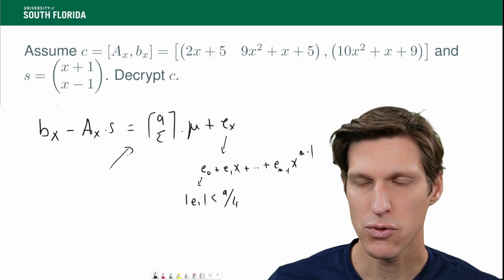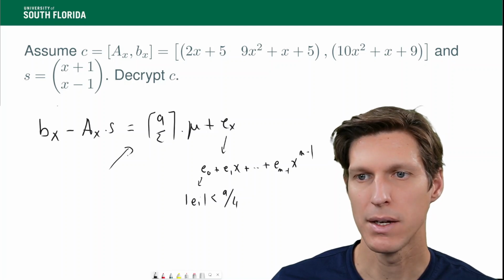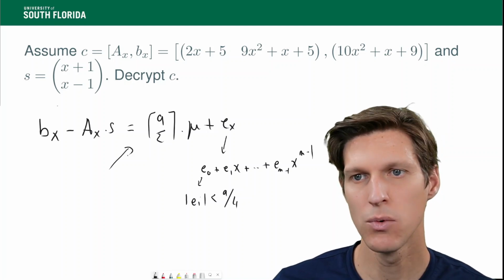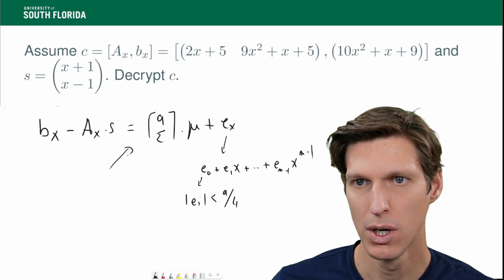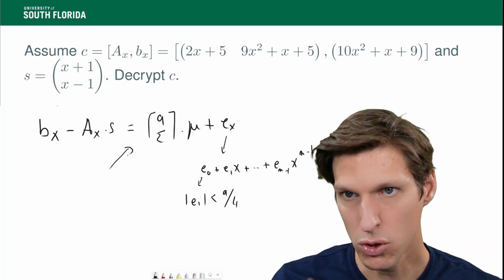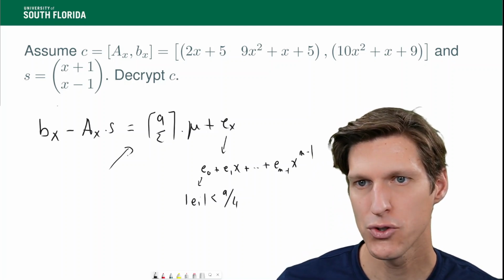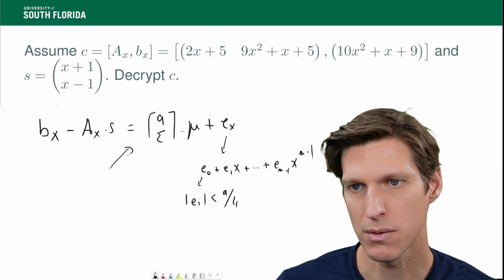And if the entry was close to q over 2, plus or minus q over 4, then we'll say that the entry of mu was 1. So it's all centered at q over 2: if it's a 1, it's close to q over 2; if it's a 0, it's close to 0.